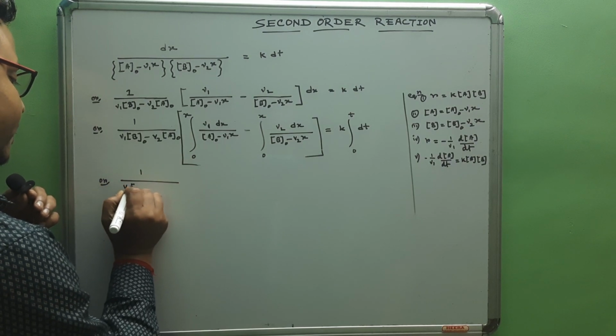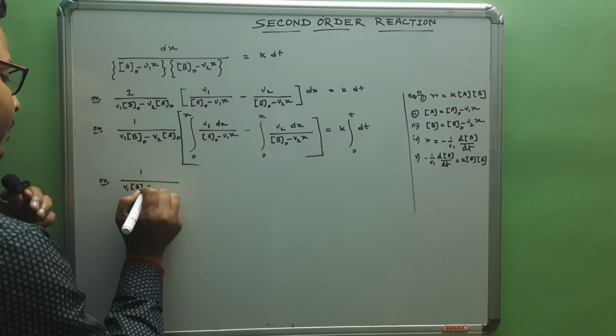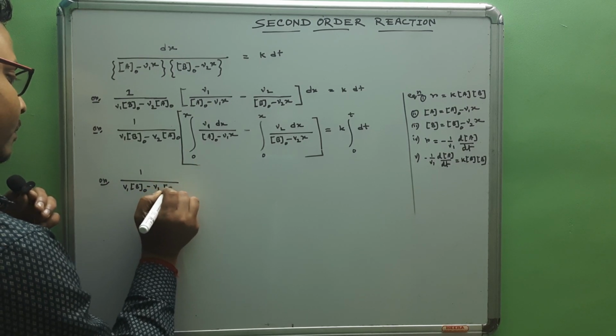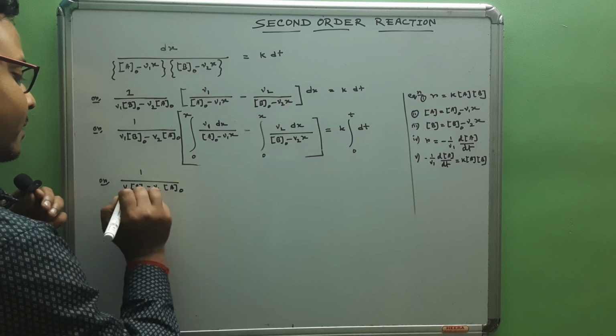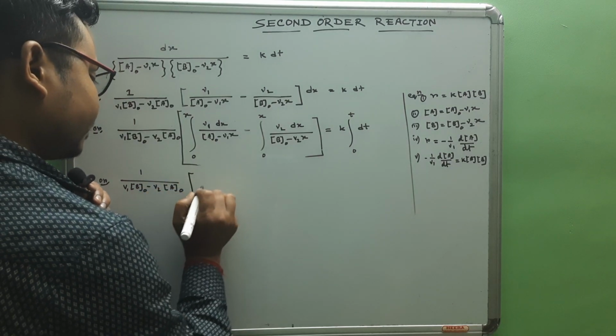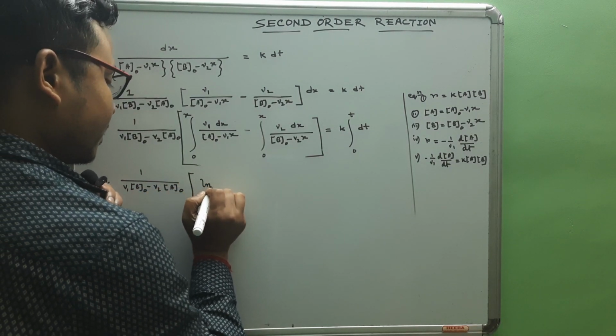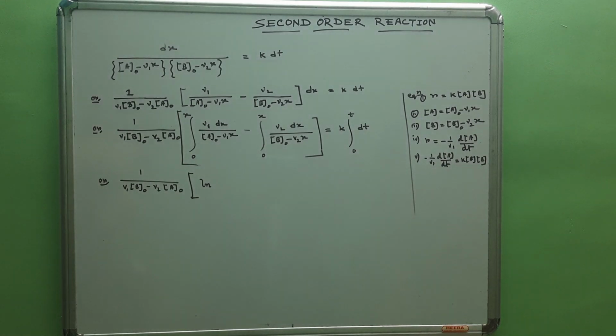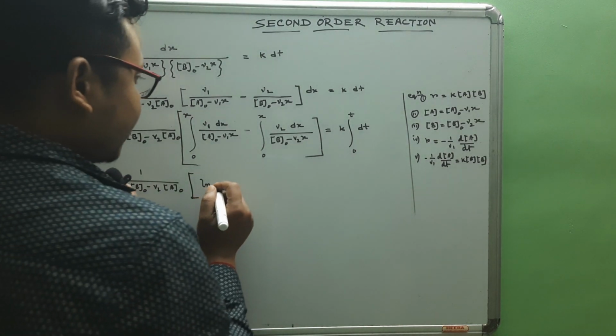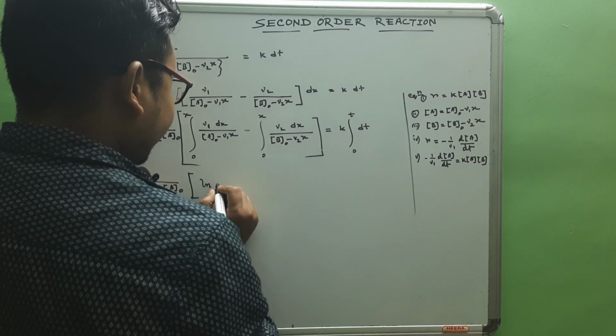So what does it give? This gives the log natural. What gives this?